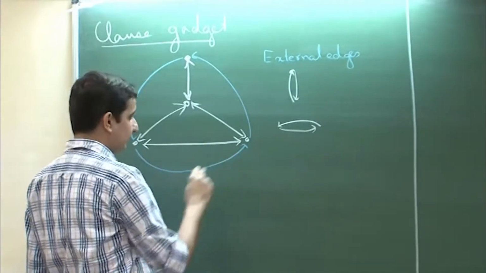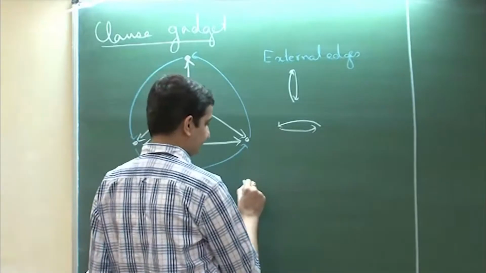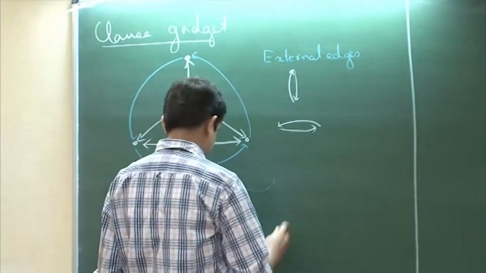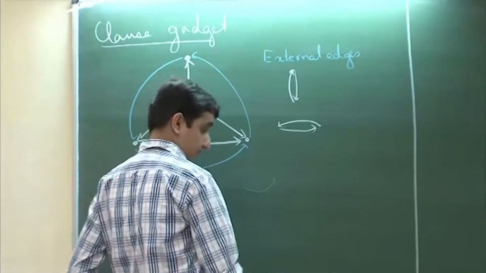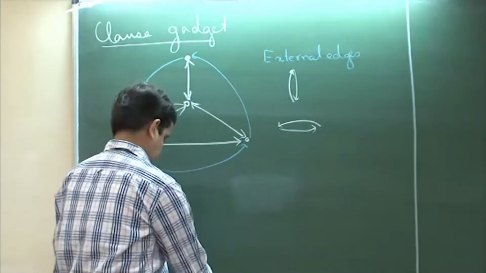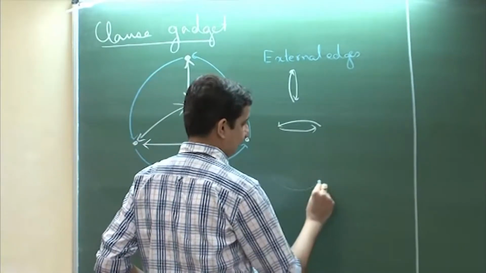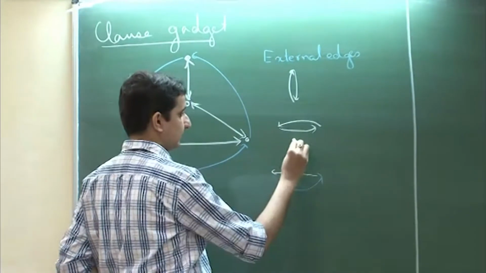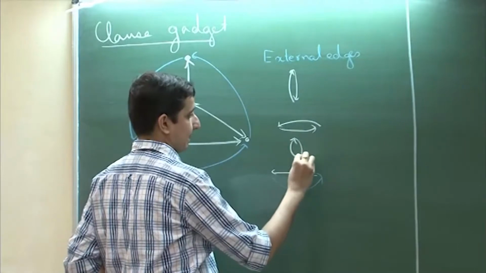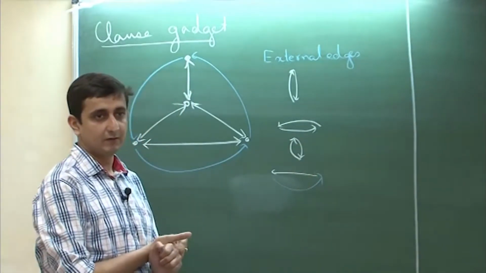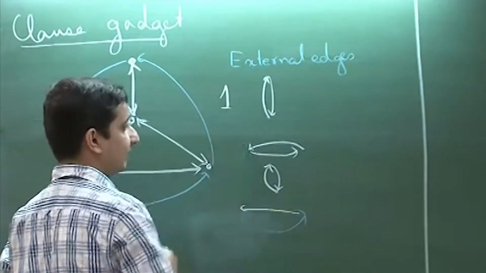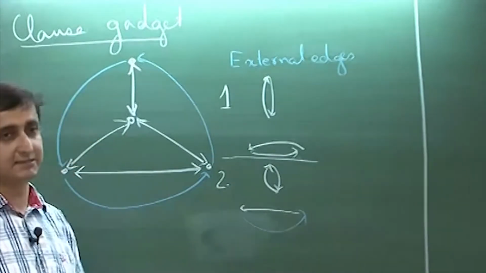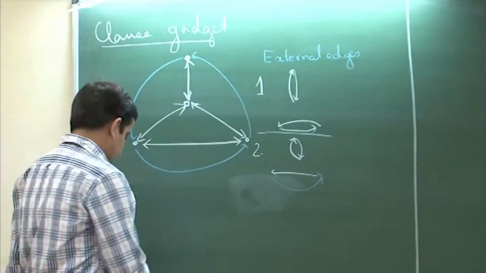Suppose we only include the bottom edge, then the cycle cover is, so we have this, and then these two, right. So, this is the first cover which has no external edges, and this is the second cycle cover which has exactly this external edge.